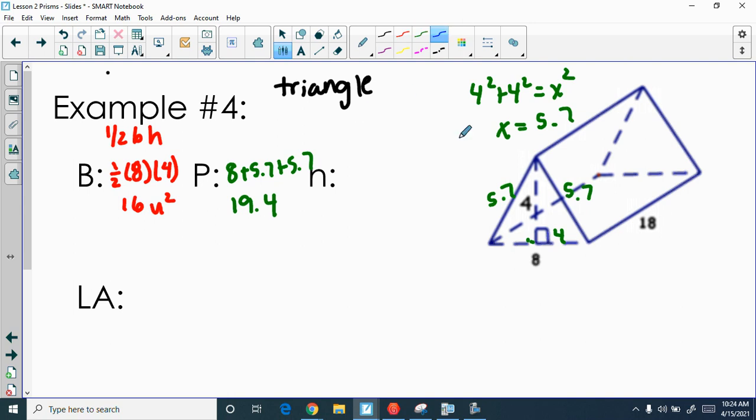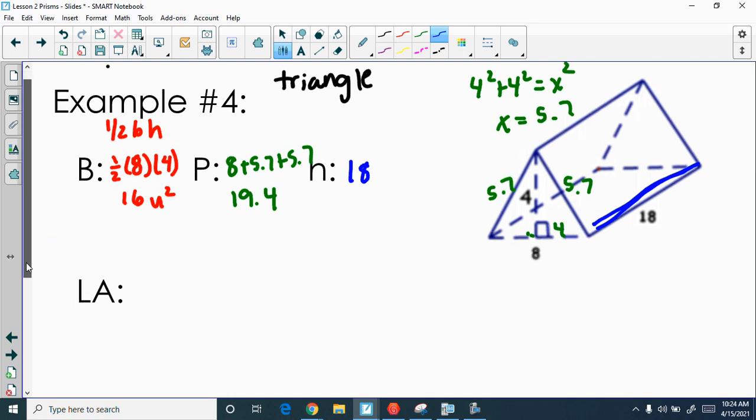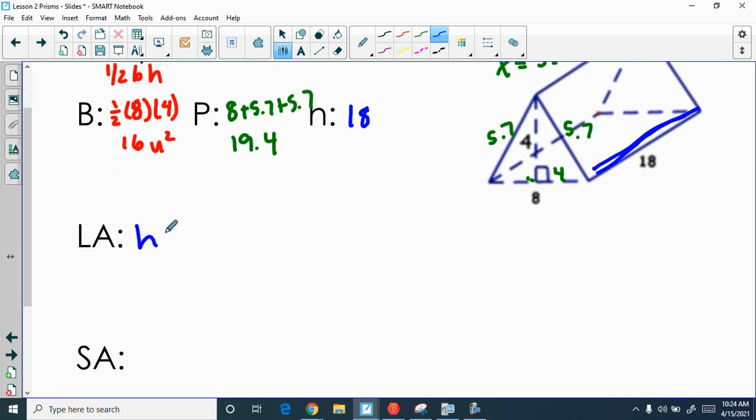And then our height is the height of the prism, or the rectangular face, which is 18. Our lateral area is going to be height times perimeter.